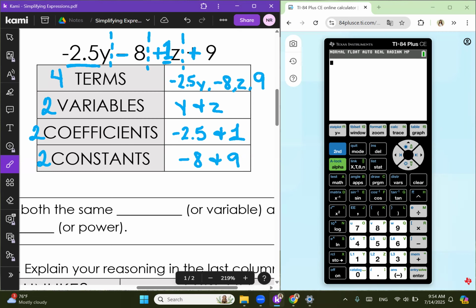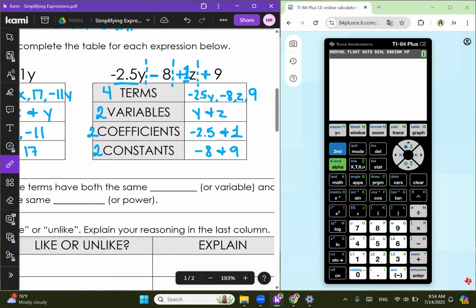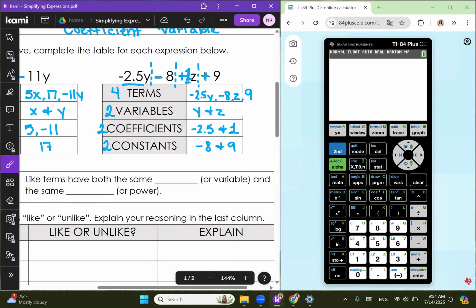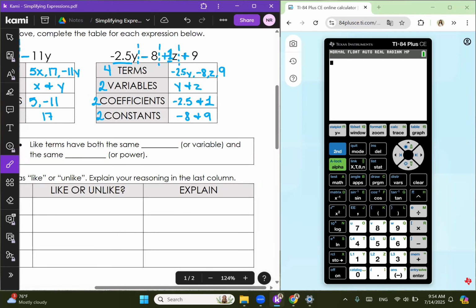Okay. Now, when it comes to simplifying an expression, we simplify an expression by combining like terms. But what is a like term? What can I combine? What can I not combine? Like terms have both the same variable. Remember, variable is another word for a letter.